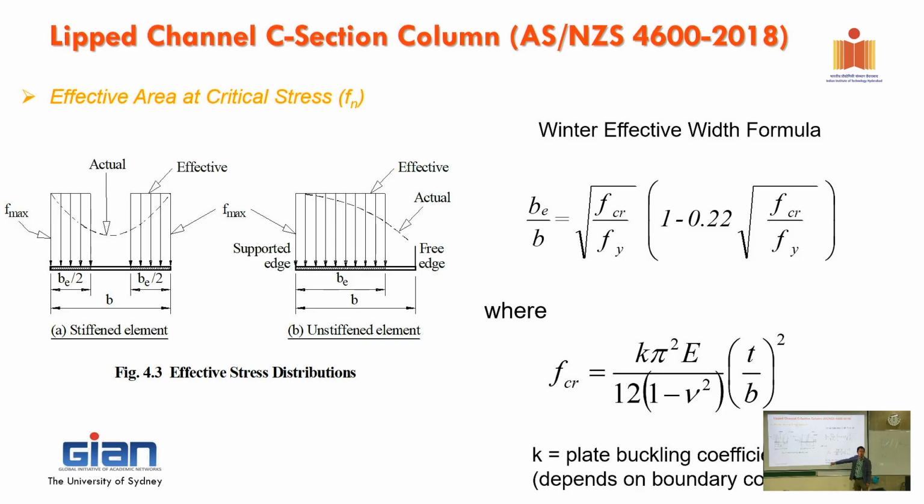And F critical is the buckling stress, okay? And with buckling stress here, we have to base on K. Remember K is the coefficient. And what is K for a plate simply supported? 4. Now you remember, okay? 4. So now K will be varying. It depends on the boundary condition, and how it works, okay?